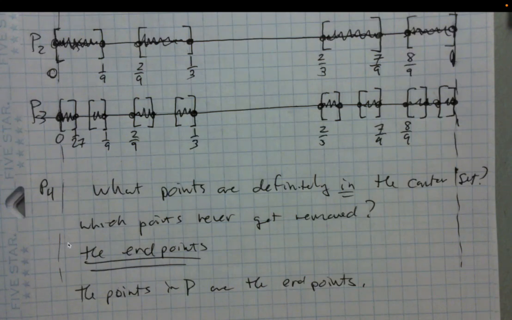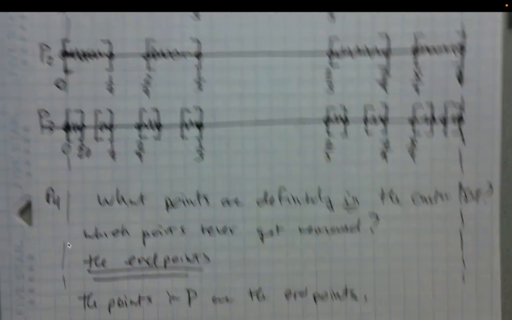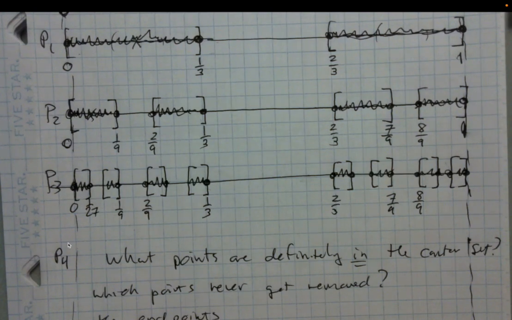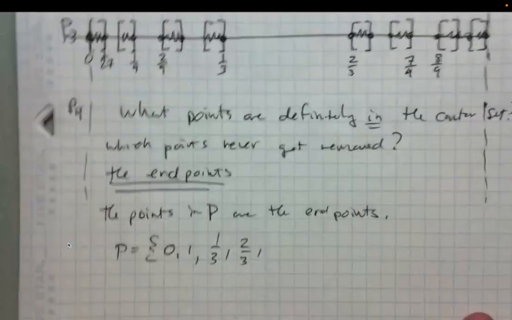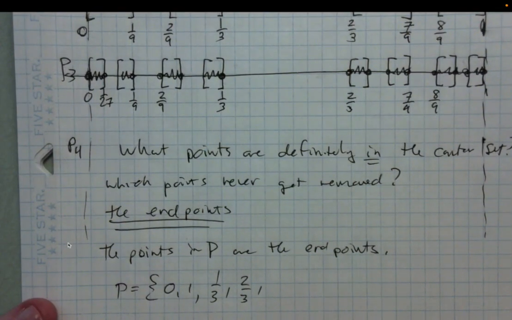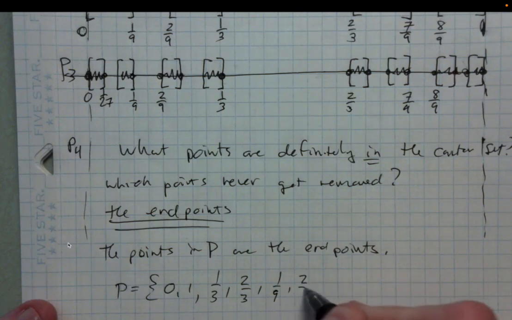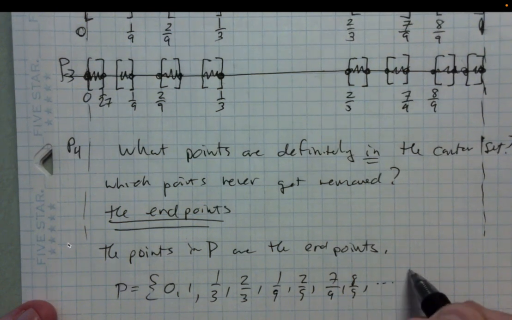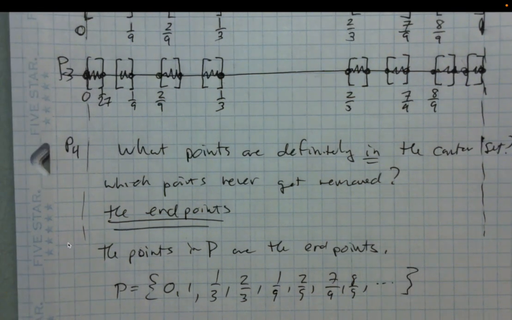Okay, so that's the contour set, and this is how it's set up, right? So P would include points like 0 and 1, 1/3 and 2/3, 1/9 and 2/9, 7/9 and 8/9, etc. There's a lot. I mean, infinitely many, obviously. Finding the middle third of an interval can be done to infinity, right?